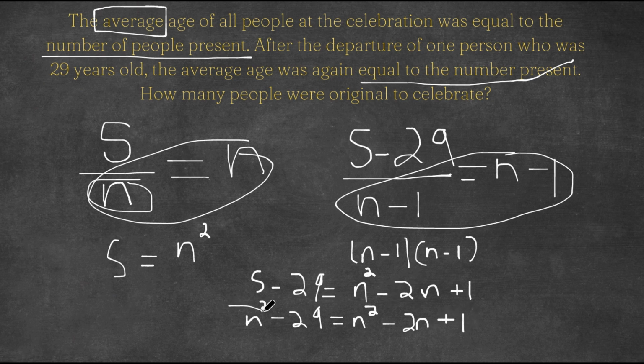All right, so both of the N squareds cancel out because we're going to subtract N squared on both sides. So we're left with negative 29 equals negative 2N plus 1, and we're going to add 29 on both sides, and also add 2N on both sides.